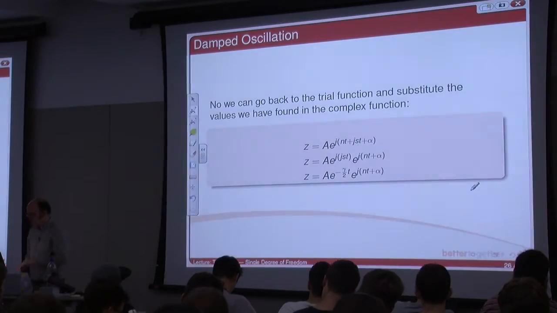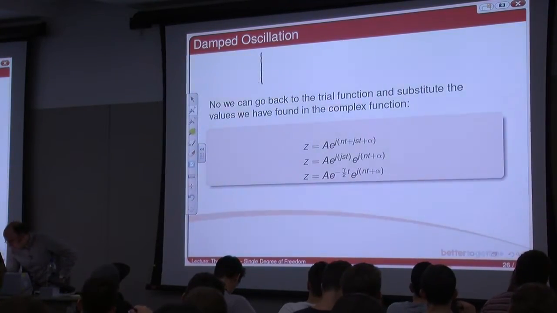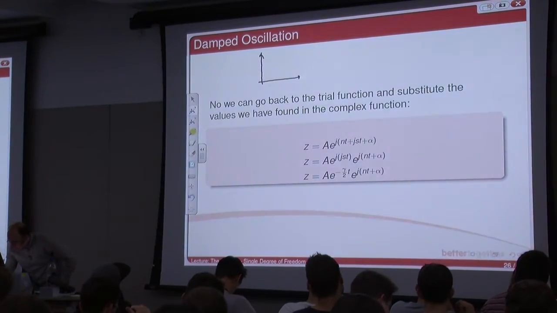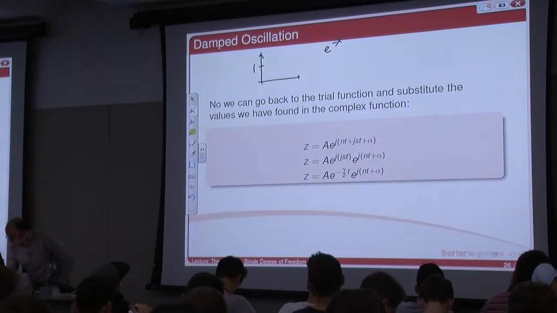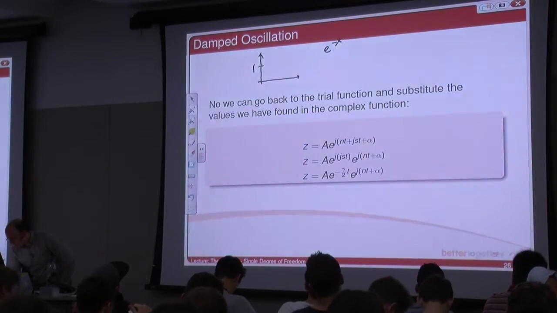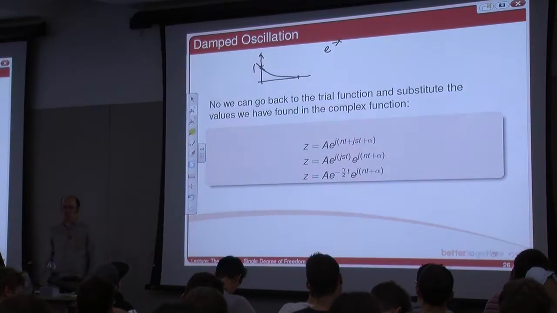If I was to draw e to the minus x, here's my x and y. There's 1. e to the minus x passes through 1 with a slope of minus 1 and goes down and decays to 0.